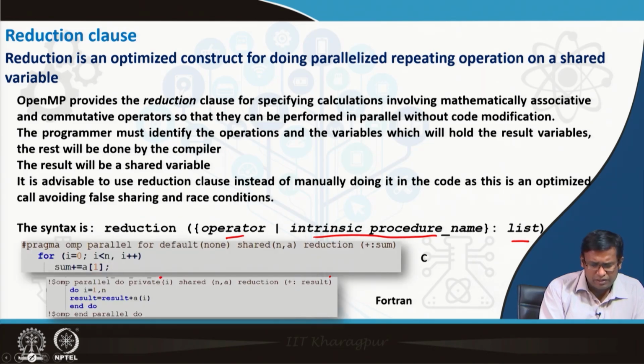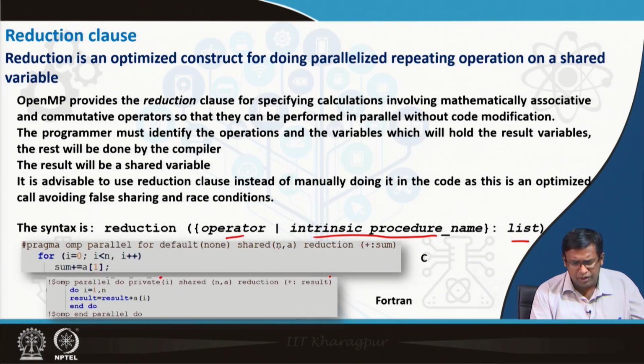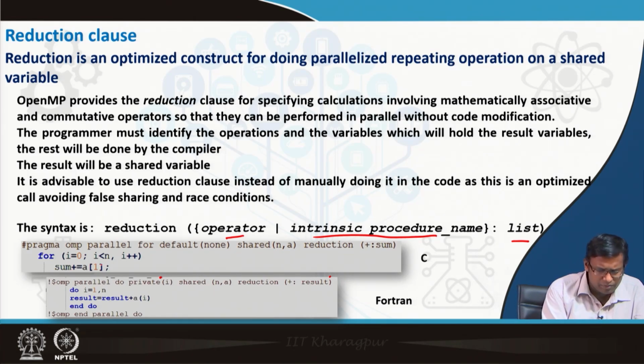So, take this pragma omp parallel for default shared, and in this for loop it sums all the variables in the A matrix. There is an array A, and summation of all the elements of the array will give you the sum. So, sum plus equals A[i] is the for loop, and you write reduction.